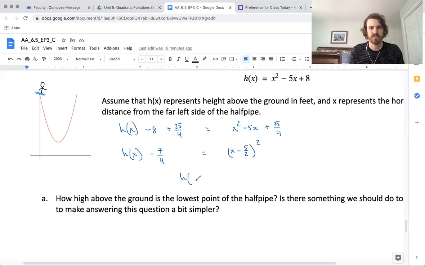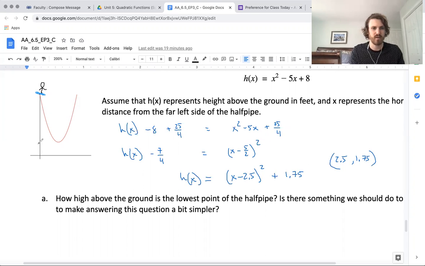So h of x is equal to, I'll write it with decimals now, x minus 2.5 squared plus 1.75. So now we're in vertex form, and we know that the vertex is at 2.5 comma 1.75.